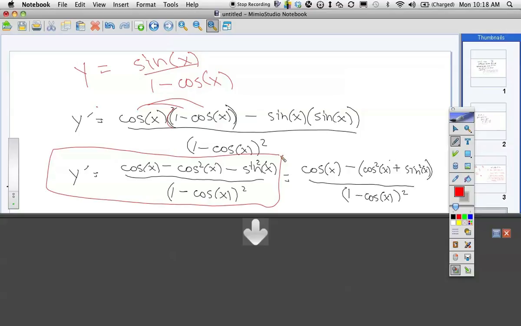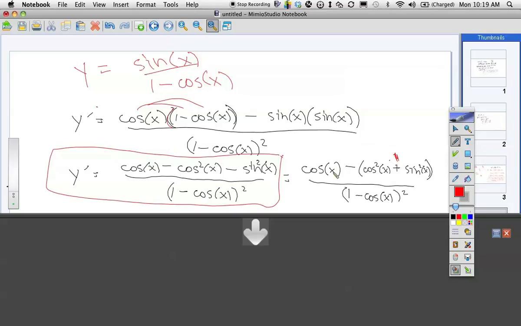Now, the fact that they're both negative is good for simplifying, because I can take out a negative and then they both turn to positive. And then you end up with cosine squared plus sine squared. So I got cosine x, and I'm going to take out a negative of those two. It ends up being that. So cosine x minus that quantity, and that quantity is just 1.